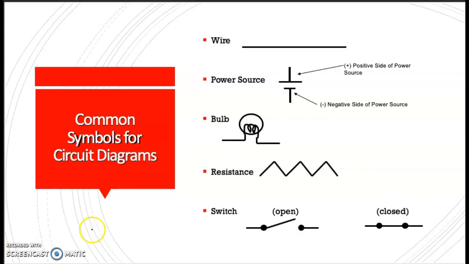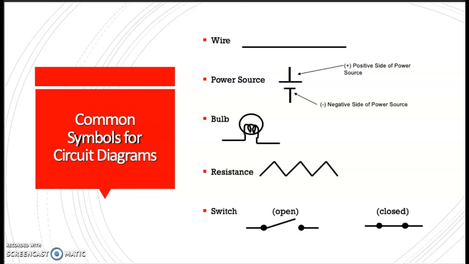Okay, some other symbols, these are just slightly different than what you saw before. Just to reiterate, the short sign on the power source or the battery represents the negative side, and the plus represents the positive side.